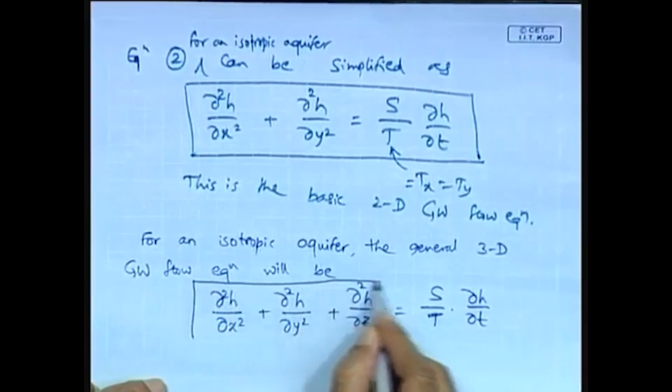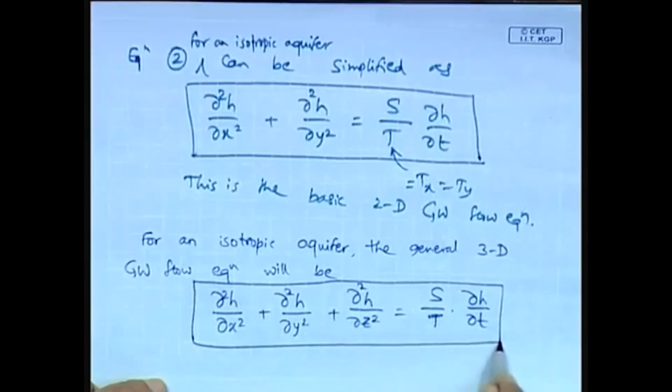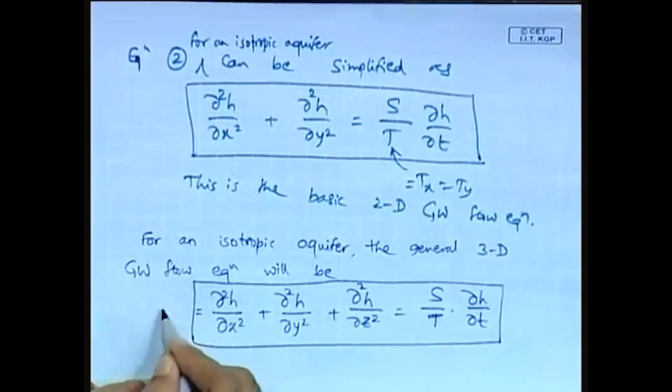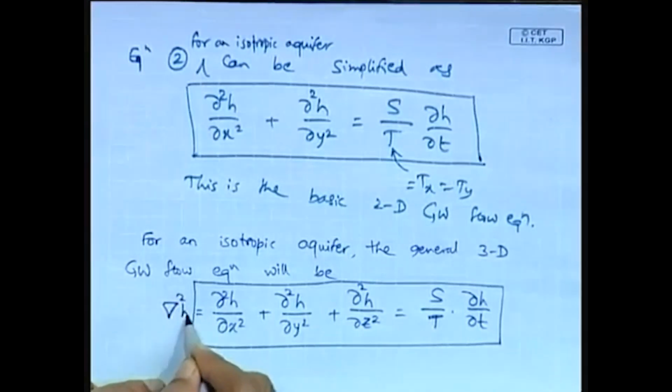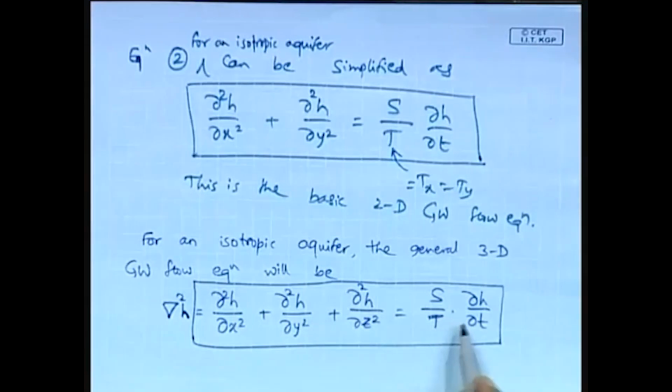So, this is the expression, and obviously in this case the left hand side is denoted by del square h, which is the combined notation for these three second order partial derivative terms with respect to each of the directions, and this is when the flow is unsteady flow.